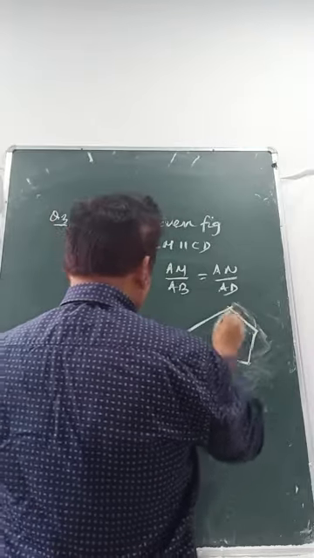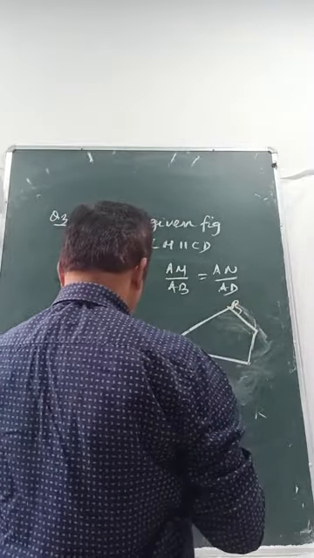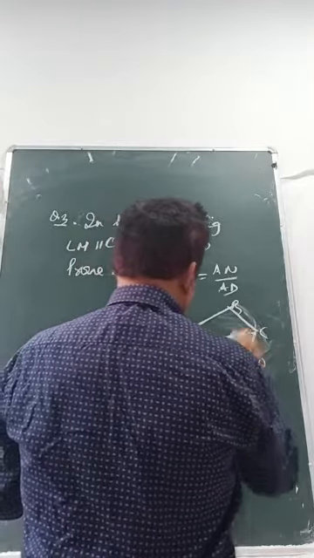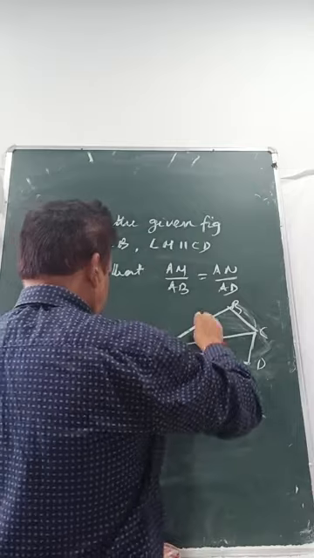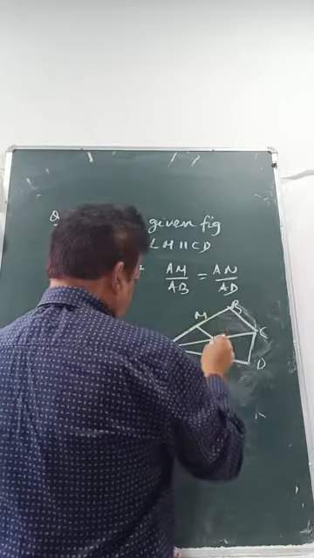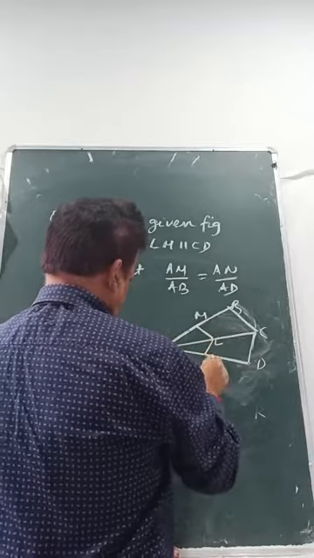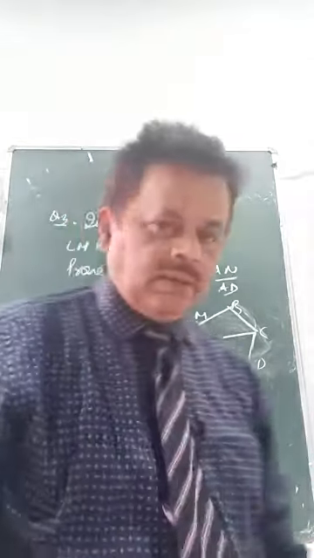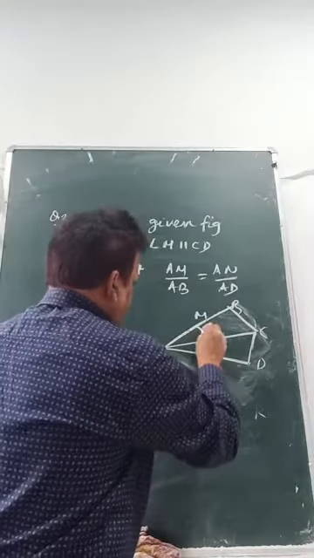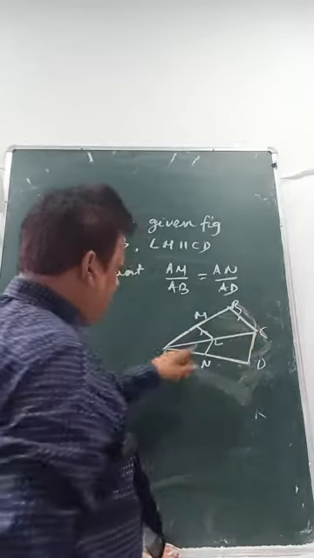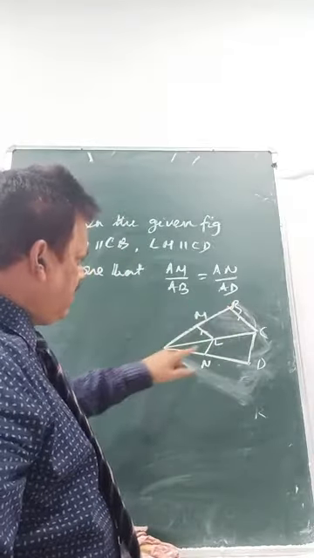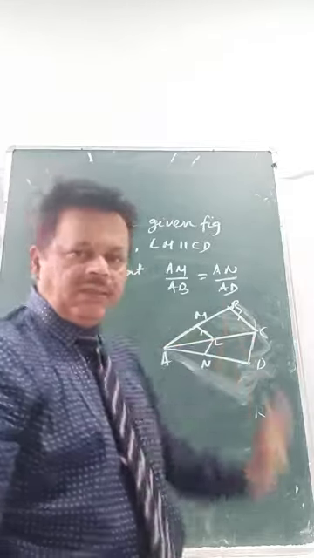Okay, A B C D. This is AC. This is LM. This is LN. Okay. Now look at here. Very simple. When these two are parallel, by the basic proportionality theorem, AM by MB equals AL by LC.